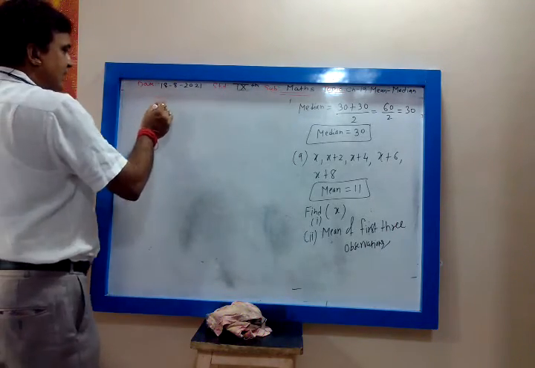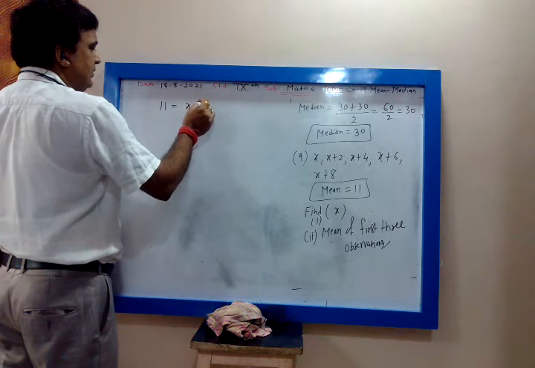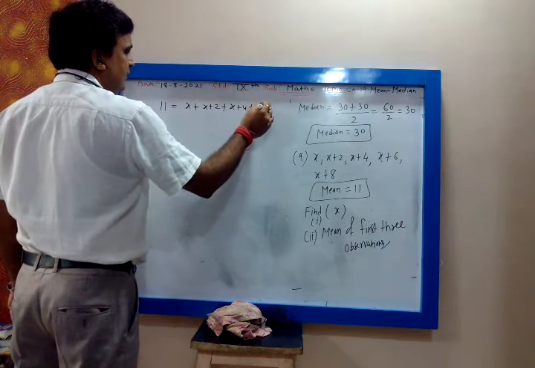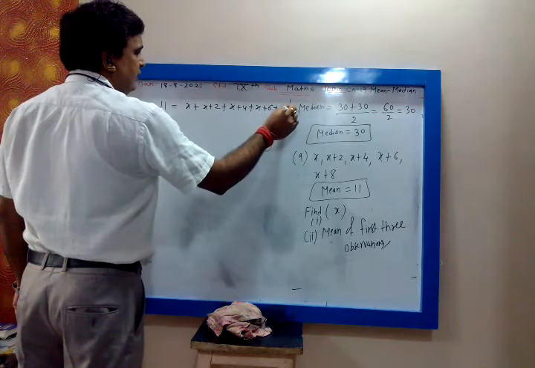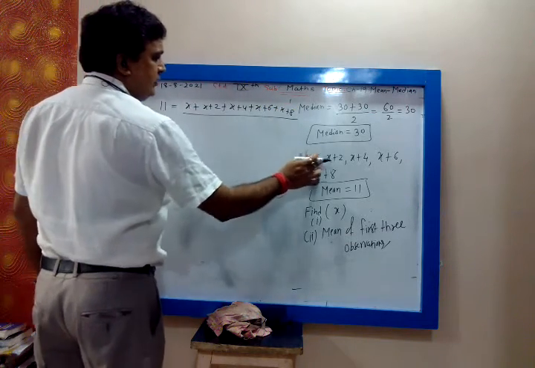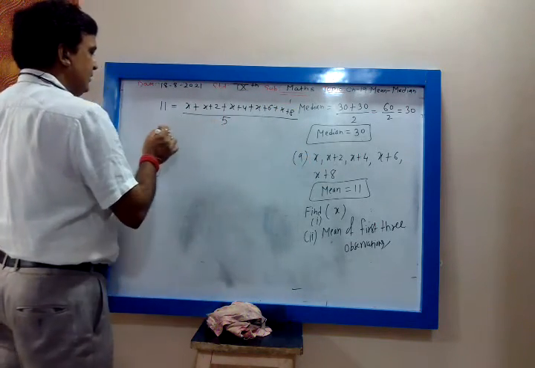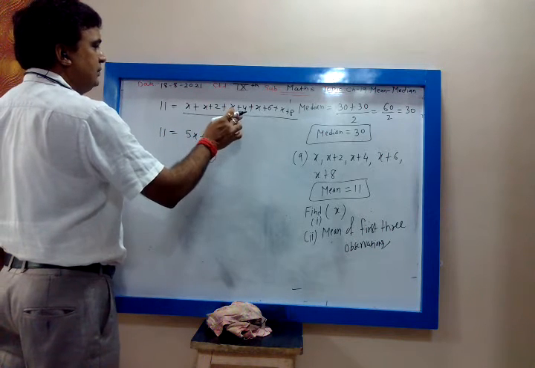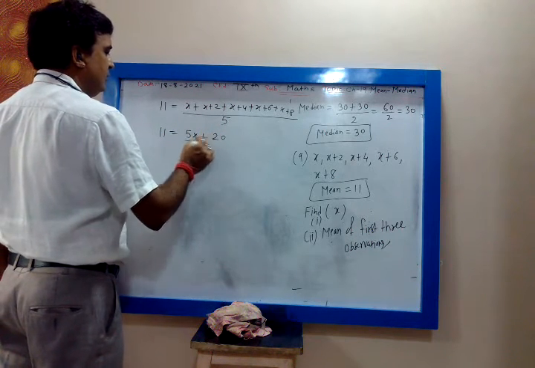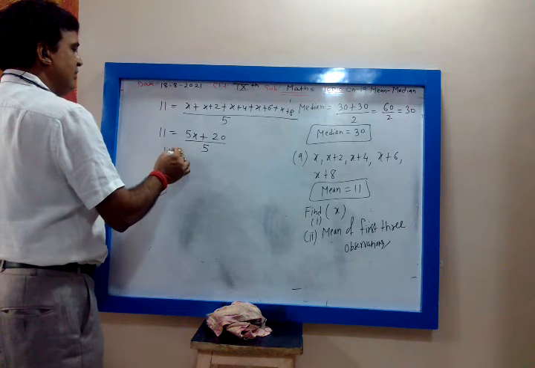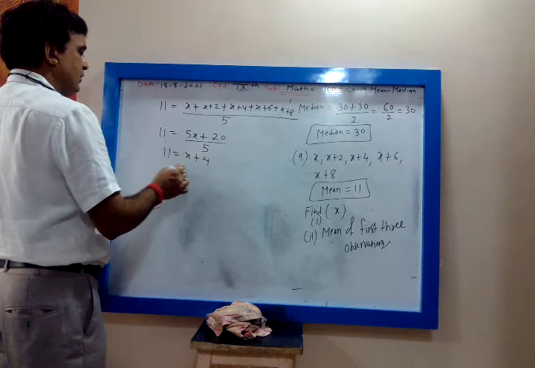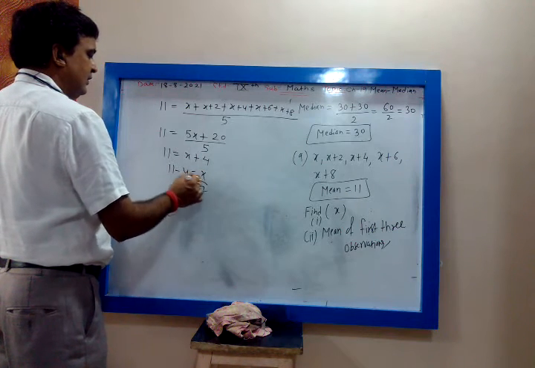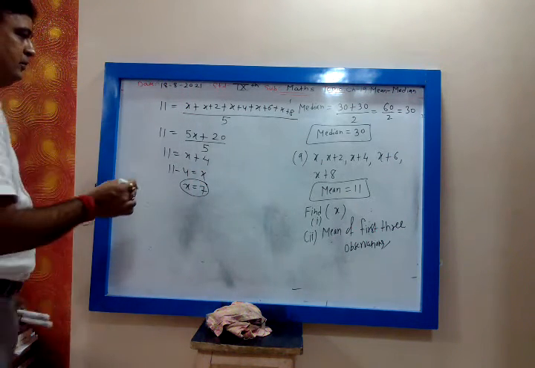So mean is 11: 11 is equal to x plus 2 plus x plus 4 plus x plus 6 plus x plus 8, divided by how many values? 1, 2, 3, 4, 5. So 11 is equal to 5x plus 2 plus 4 plus 6 plus 8 which is 20, upon 5. So 11 is equal to x plus 4. So 11 minus 4 is x. x is 7.